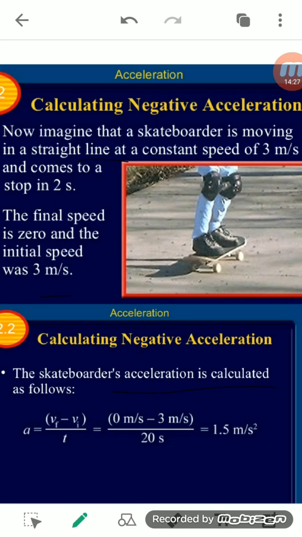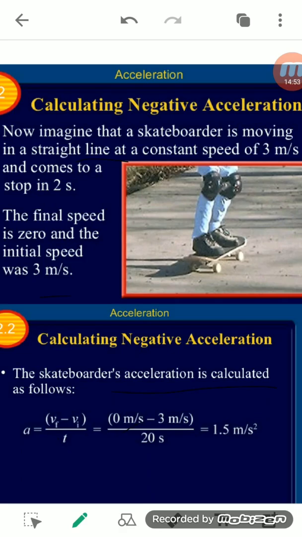The final speed becomes 0 because the boy stops. He was moving in a certain direction on a straight path at a speed of 3 meter per second, and finally he stops. So the final velocity is 0 meter per second.